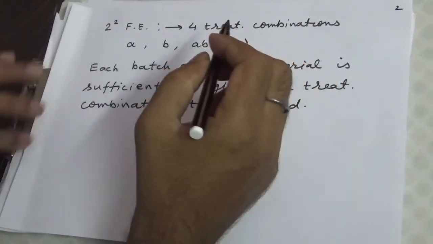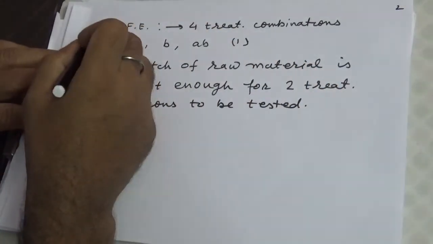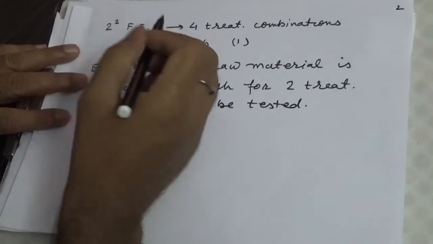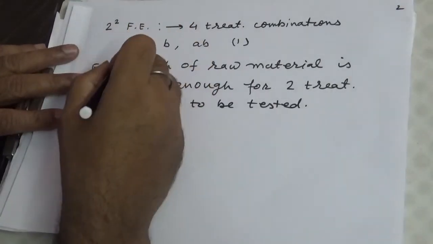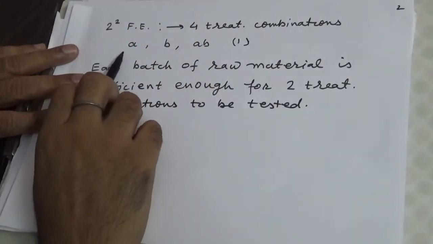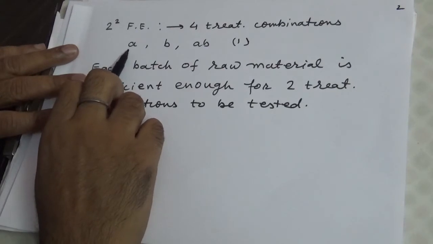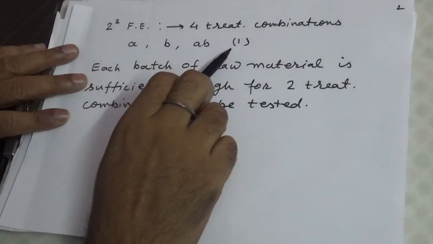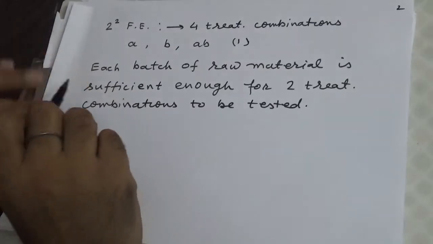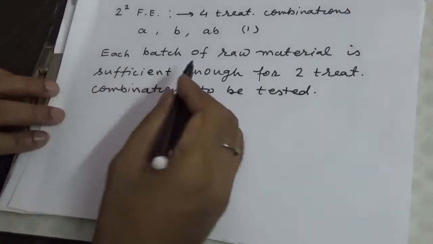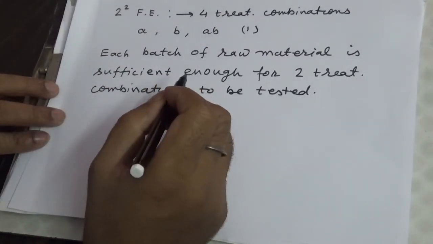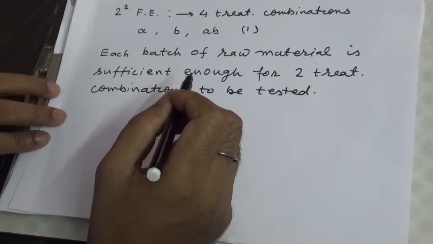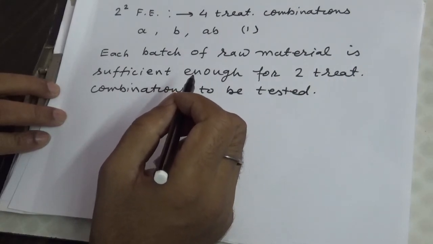So now we consider the setup of a 2 square factorial experiment. So there are going to be 4 treatment combinations. What are those combinations? A, B, AB and 1. Right. So now in case I want to conduct the full factorial, then I will need blocks of size 4.